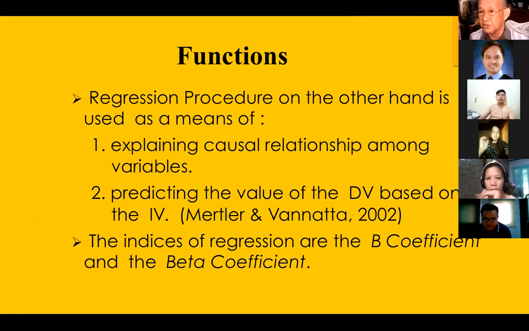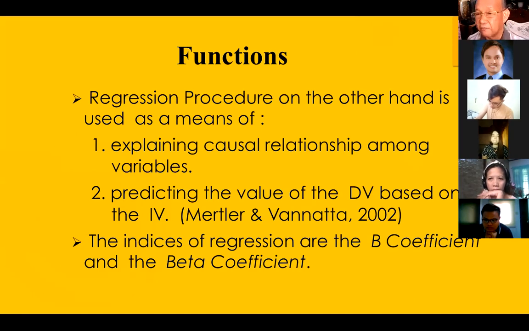To answer the question, which of the 5 exerts the greatest influence and which of the 5 exerts the least influence, you have to standardize the coefficients. And instead of reading the B, you analyze the beta. The higher the beta, the higher the effect of the independent variable. Usually the IV that records the highest beta is the best explanatory factor for the dependent variable. Let me explain what the B and the beta mean.